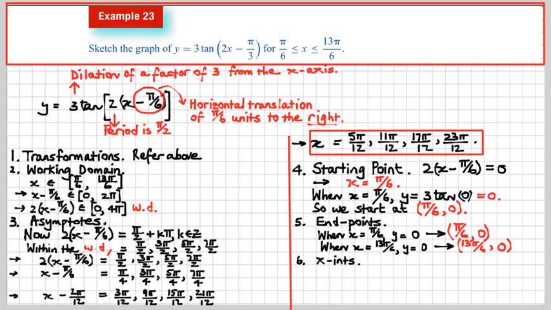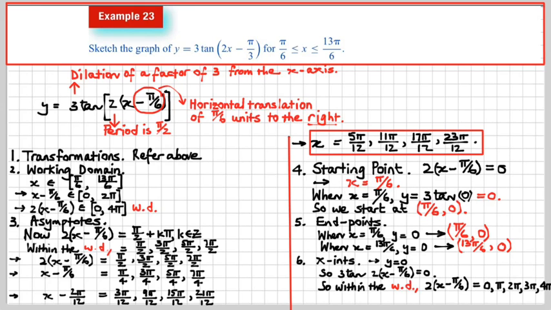We're going really well here, swimmingly. Now, x-intercepts. Here we go. y is 0. Therefore, we get 3 tan of this thing equals 0. So therefore, within our working domain, y would normally be 0 from 0, pi, 2 pi, 3 pi, 4 pi.